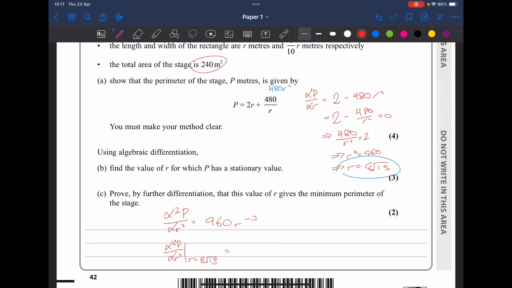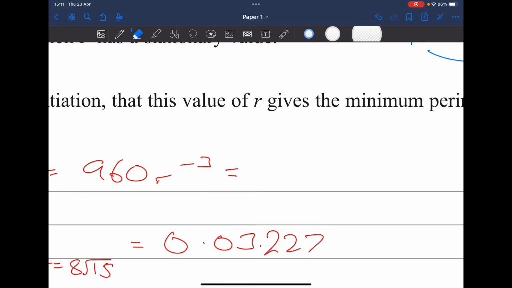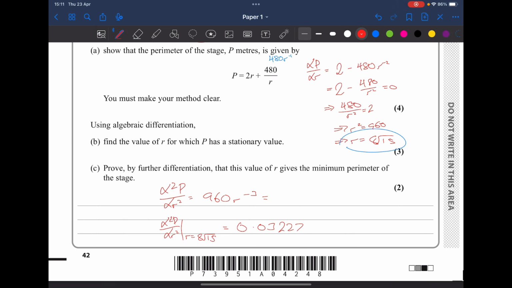I get it's some horrible number, 0.03227. Doesn't matter exactly what it is. What matters is it is positive. So therefore, that is a minimum value. That's what we need to do: show that this second derivative is positive when we plug in our value for r.